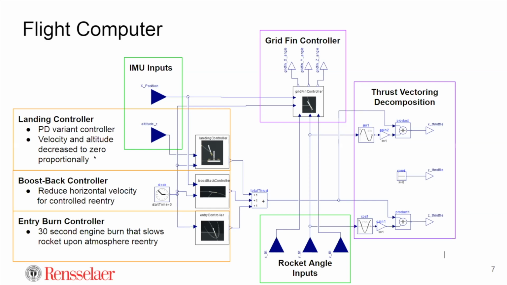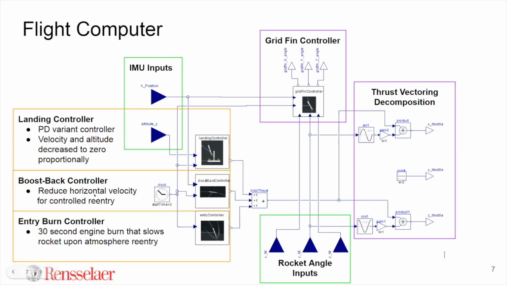These are kind of the 3 different function controllers that I was referring to earlier. So one for each of the burns: the landing burn, the boost back burn, and the entry burn. So basically a simple 30-second burn for the entry burn that's triggered by the altitude of the first stage.